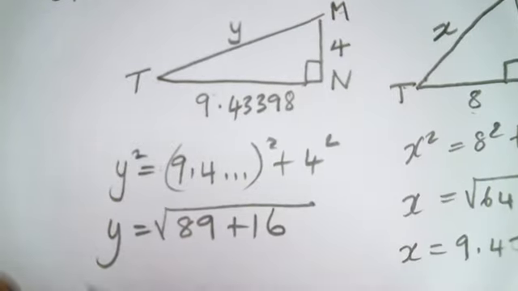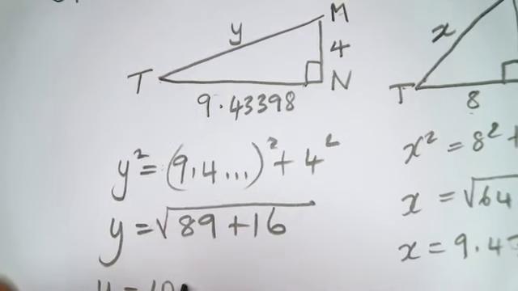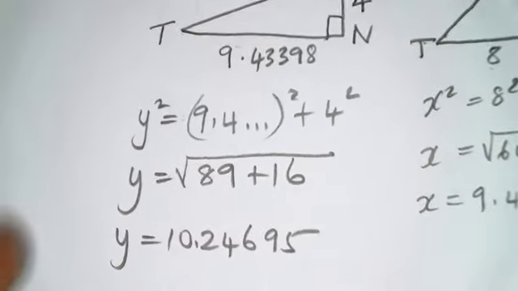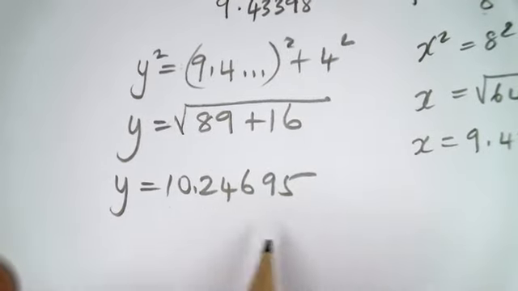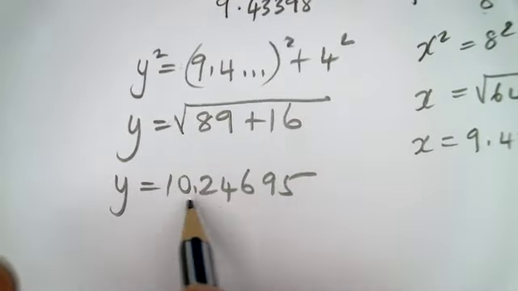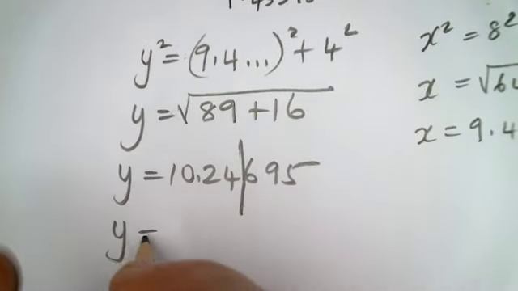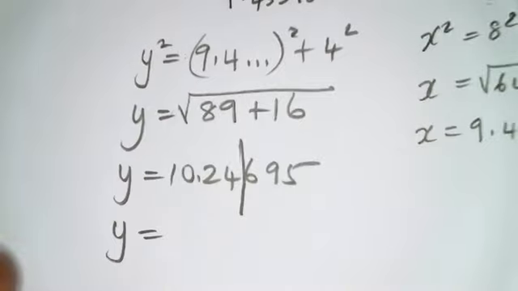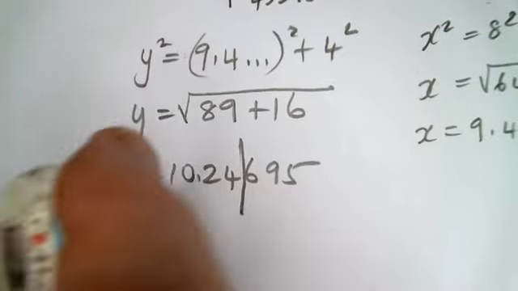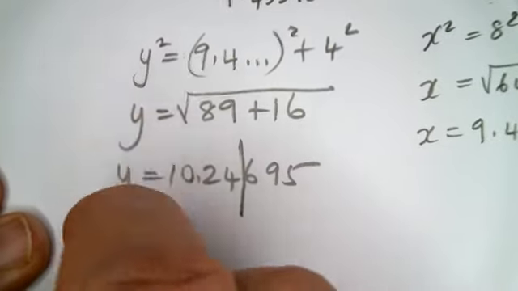And that's going to be 10.24695. So y equals 10.24695. And I'm now going to round that to 2dp. So y, or if you like, line MT. In fact, probably best to say line MT at this point, because that's what we were actually asked to solve.